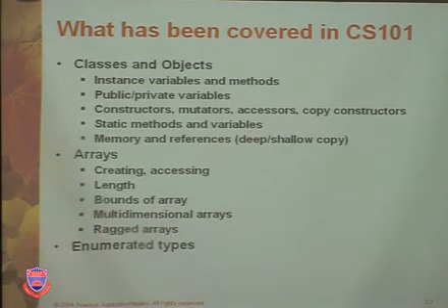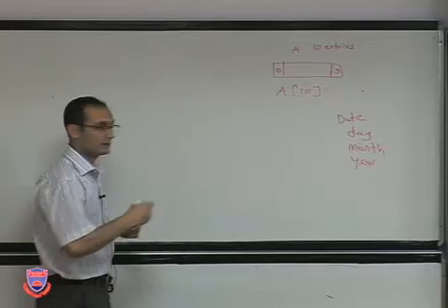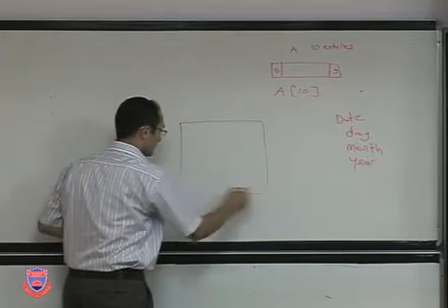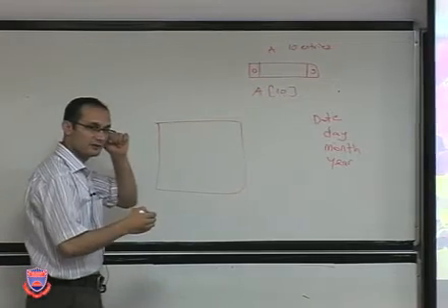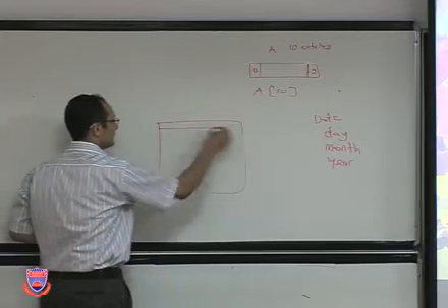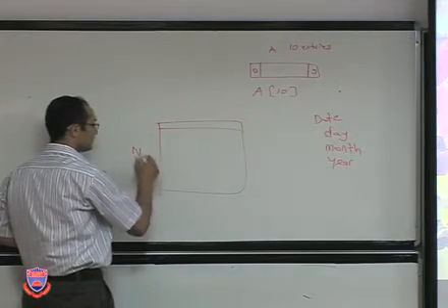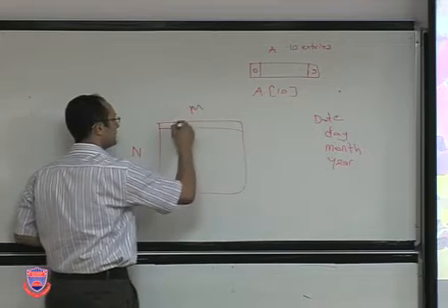Multi-dimensional arrays, if you remember, instead of going in one dimension, you can have a two-dimensional, three-dimensional, n-dimensional for that matter, array. In this case I have a two-dimensional array with n rows and m columns.